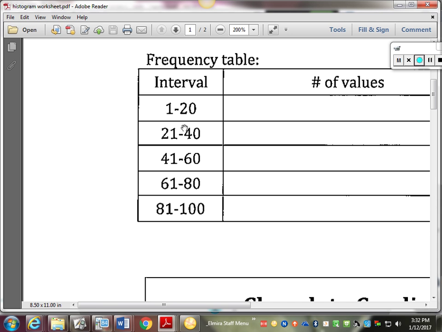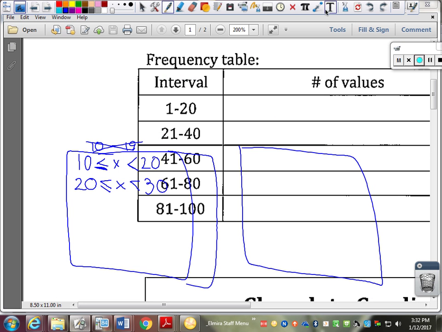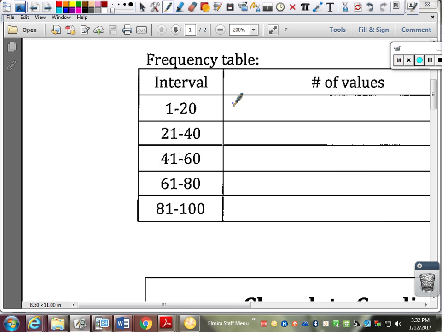However, if we have a decimal like 20.4, we cannot put a hash mark for 20.4 in that bin.